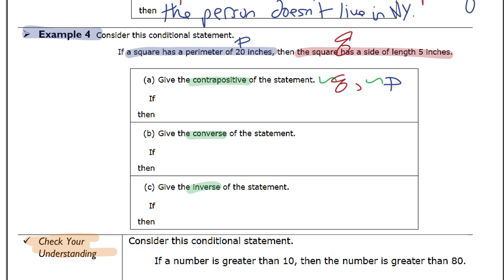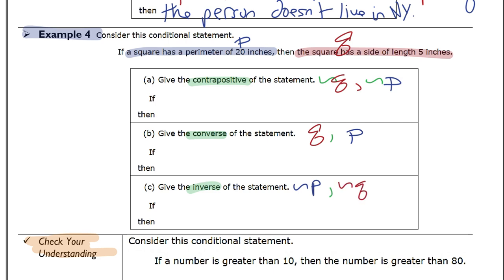I allow that, or you just reference back to your note. And then the other one, the converse, remember, is just saying Q and then P. So we're flipping them around. I didn't even write the if and the then part there, which is just a quick shorthand way of doing that. And then lastly, remember, you're just saying not P and then not Q. So we're going to write those in that order.